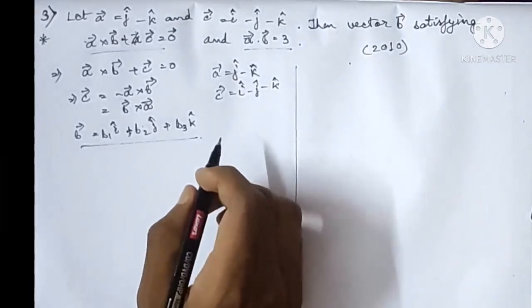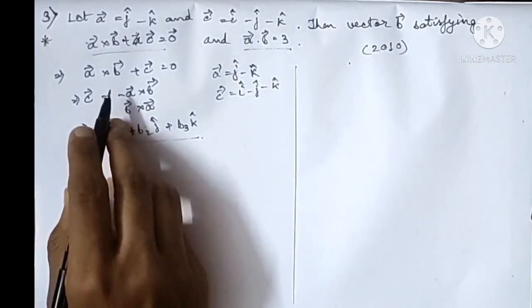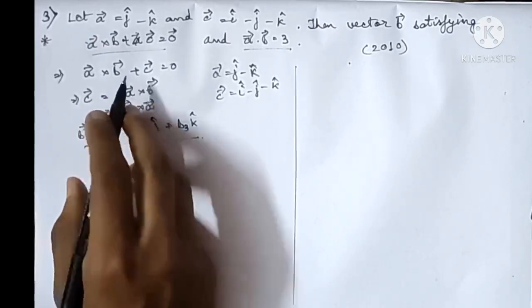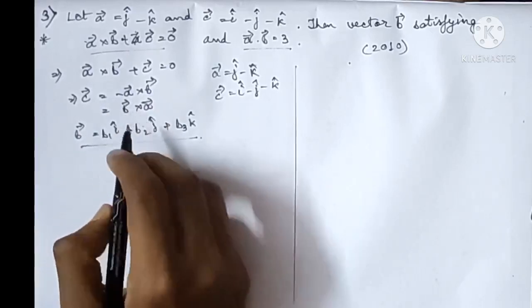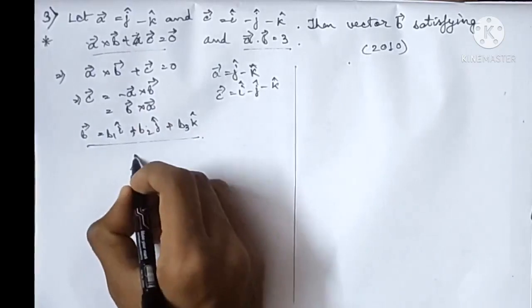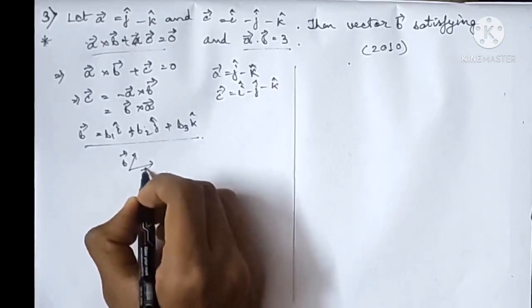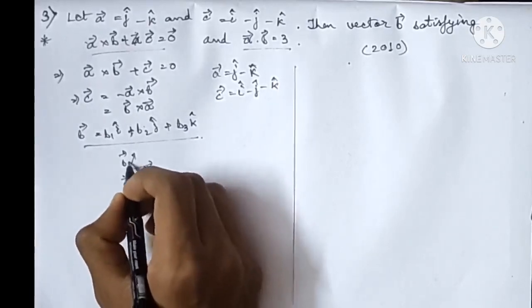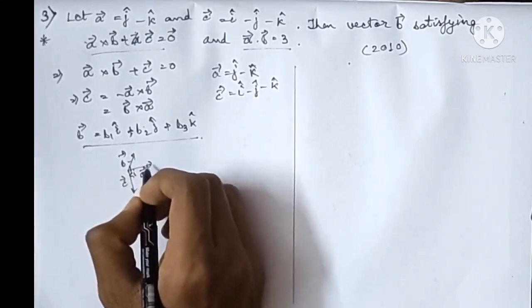Okay, so now see C vector. From this one we can come to one conclusion, that if B is any one vector, suppose this one, and A is any one vector, suppose this one, and if C is equal to B cross A, then it must be perpendicular to these two, right?